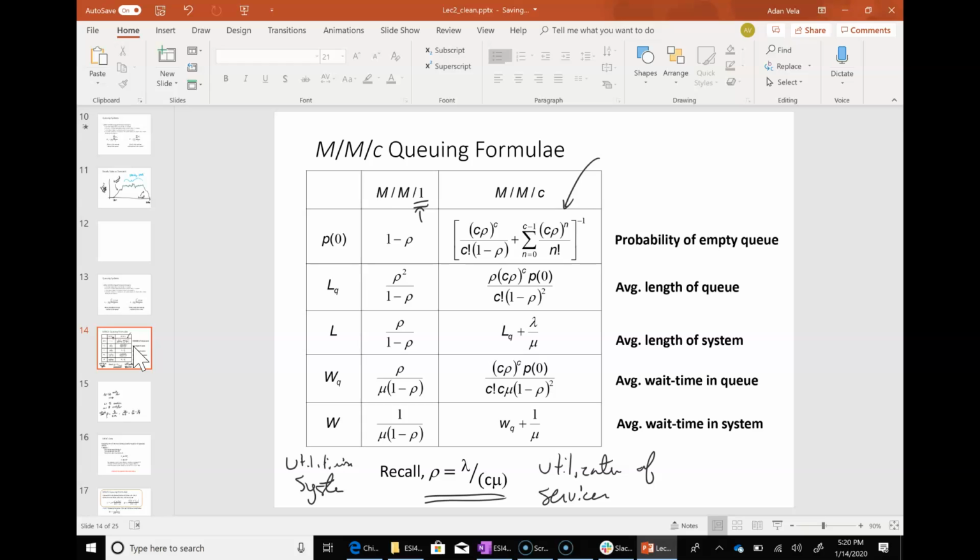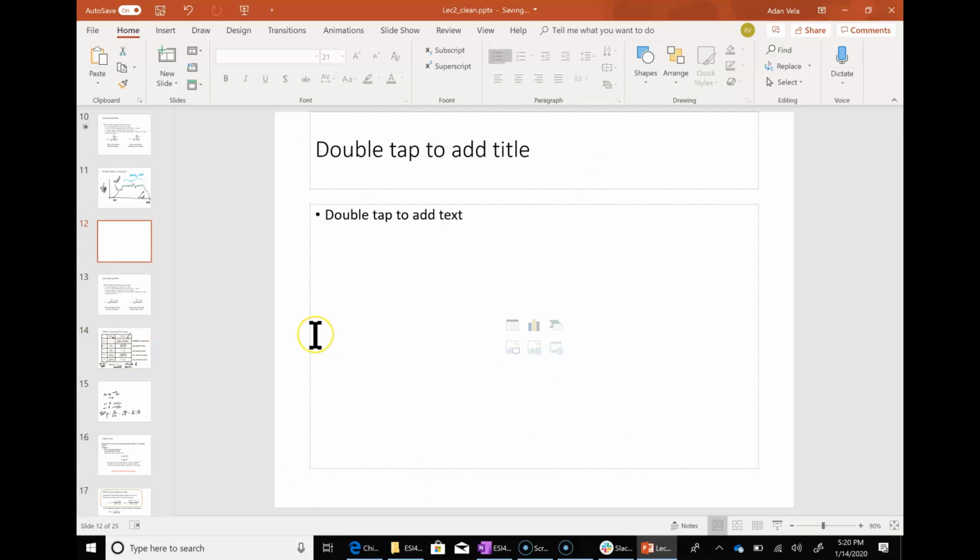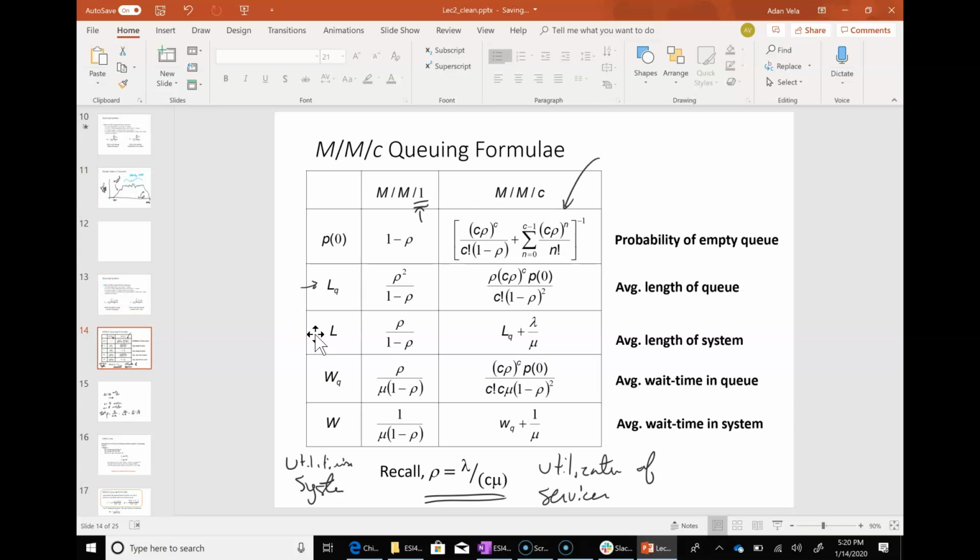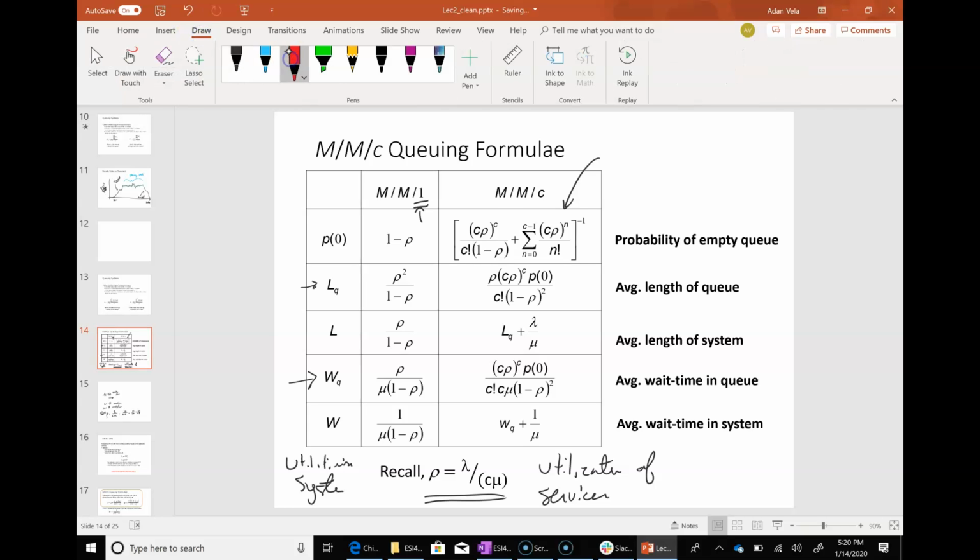The interesting part when you calculate these equations, no matter what, you can see that LQ and WQ depend on this probability of 0, P0, that you have 0 people in the queue. So that means in order to calculate how many people on average are waiting in line, you're going to have to calculate this big ugly equation up there.